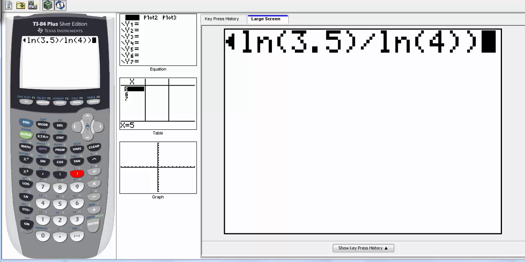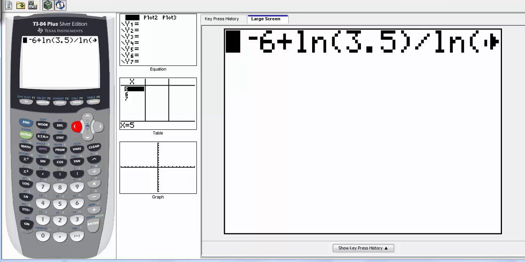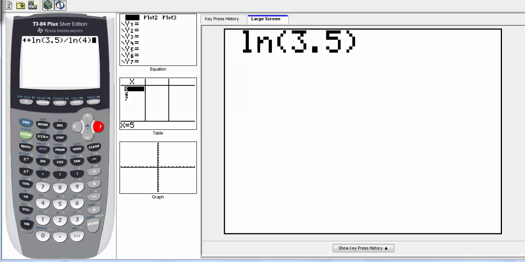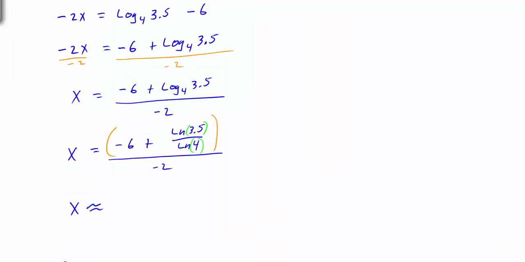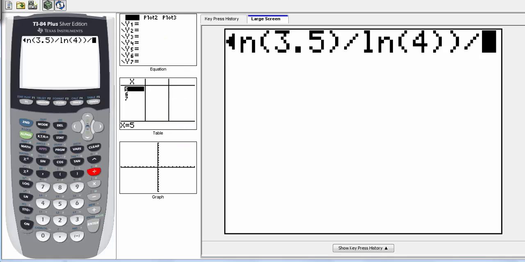Then we need to put in another set of parentheses. Let me scroll back to make sure you see this. That last set of parentheses goes around this entire numerator, because we want the entire negative 6 plus ln of 3.5 divided by ln of 4 divided by the negative 2.